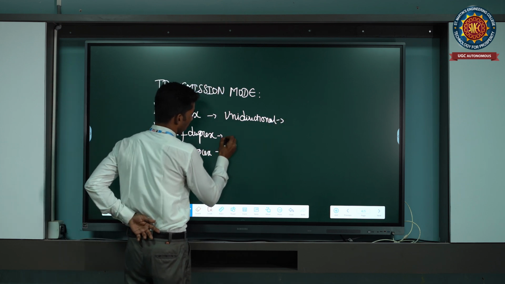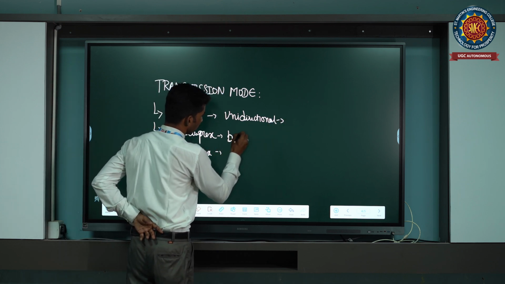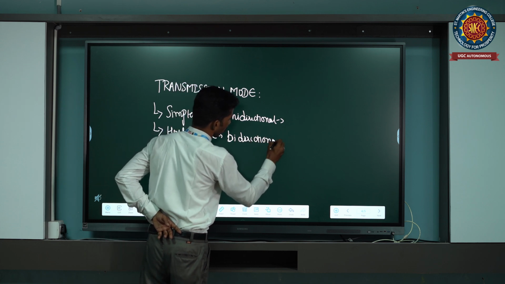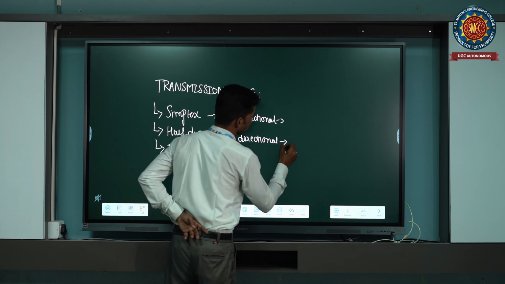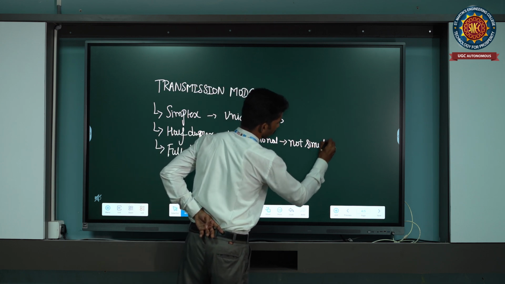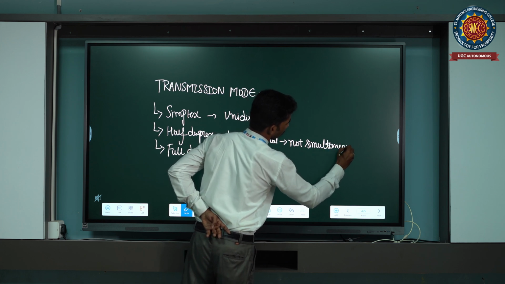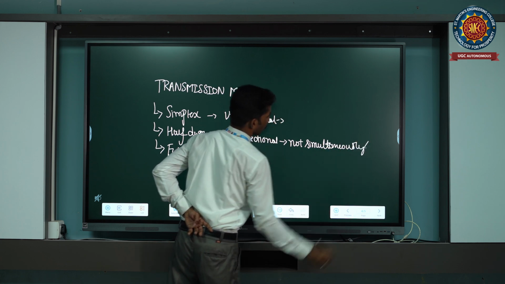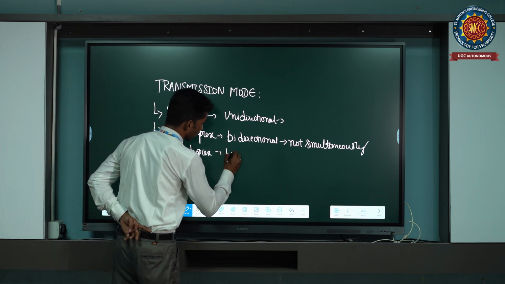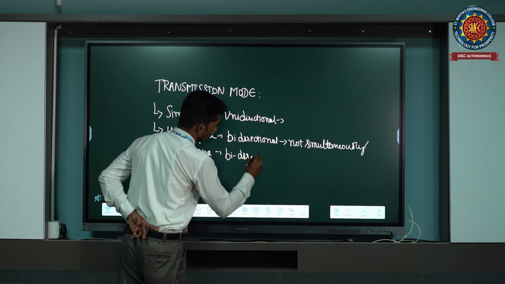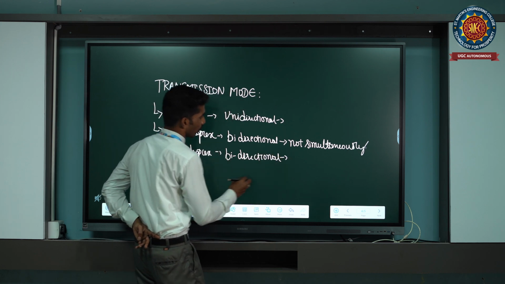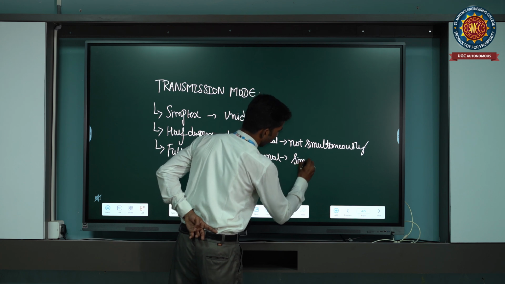Half duplex is bidirectional, but not simultaneously. Full duplex is a bidirectional connection, and it will be done simultaneously.